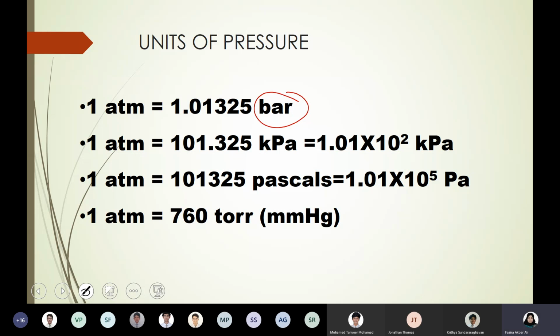But the SI unit of pressure is Pascal, Pa. ATM, even though we commonly use it, the SI unit of pressure is Pascal. So it can be kilopascal and Pascal, both are related. You can see only kilo means 10 raised to 3. You have to add extra.